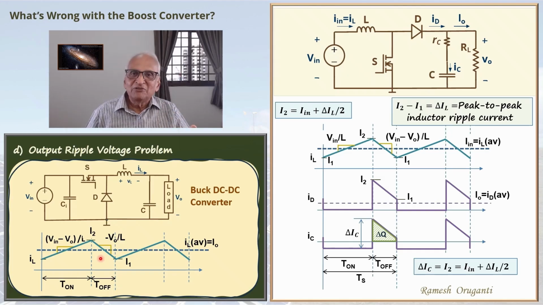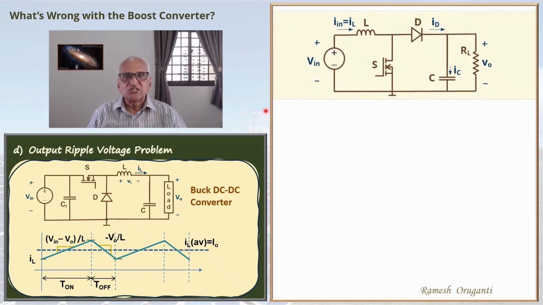Of course, in the buck converter, the input switch current is chopped, and so the input filter capacitor CI may have higher ripple than the ideal case. But as far as the output ripple is concerned, using a buck converter, you can meet the ripple specification more easily.